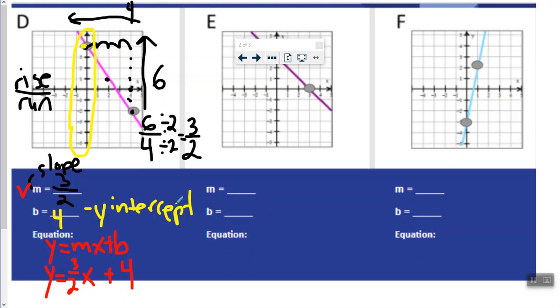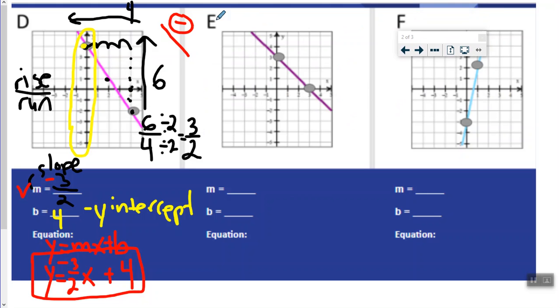But there's something very important about this line. Notice the line is like this. That means the slope is negative. So I need to put a negative here for the slope. So the correct answer is y equals negative 3/2x plus 4.